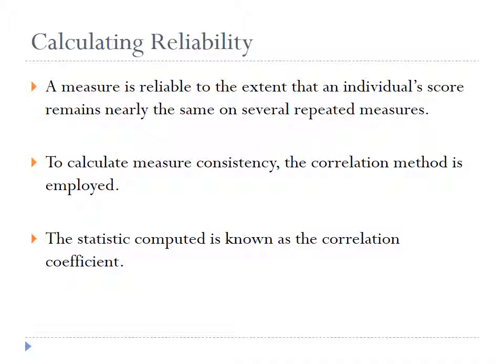In this situation, we are correlating true variance and error variance. The result is a statistic known as the correlation coefficient. And this is what you typically see reported in research, in test reviews, and product information.